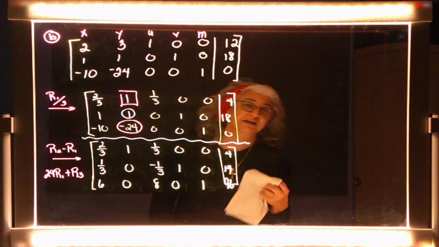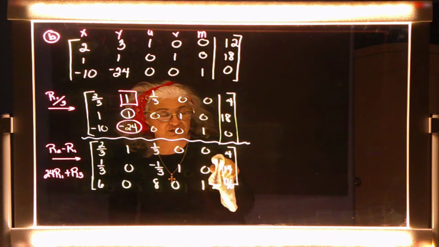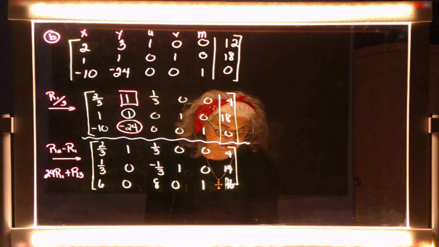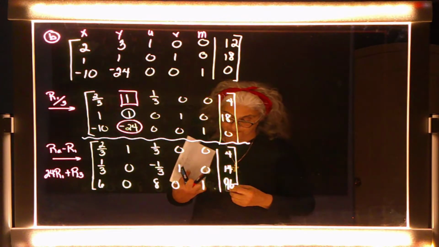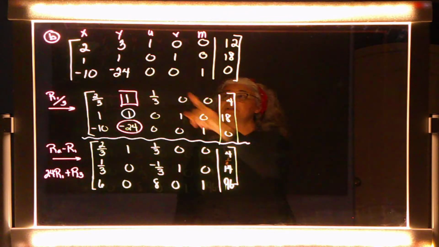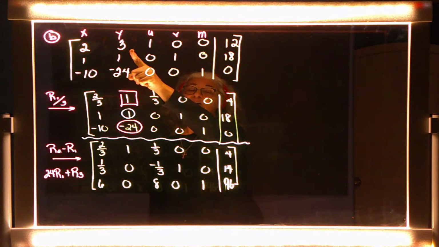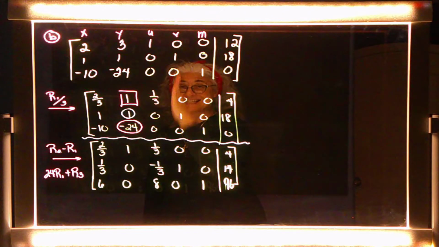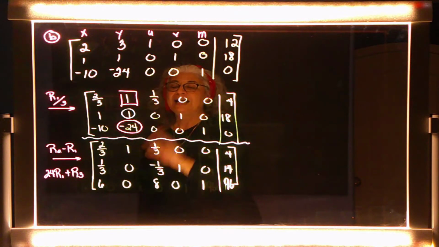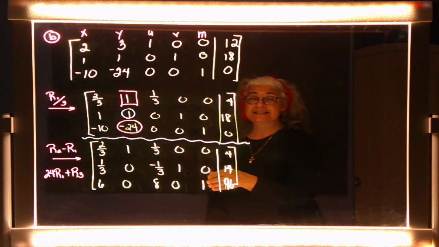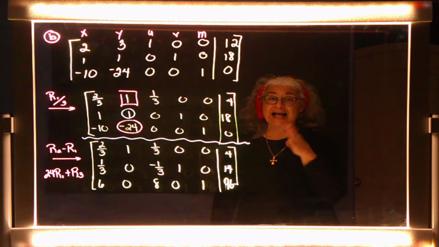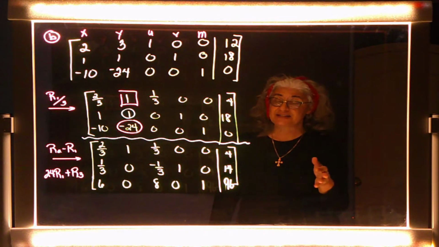And it looks like my line is a little askew. So once I straighten that out, there we go. Okay. So we pivoted around the 3. We got all the other non-pivots in that same column to be a 0. And now we are going to look and see which columns have the 1s and the 0s in them.